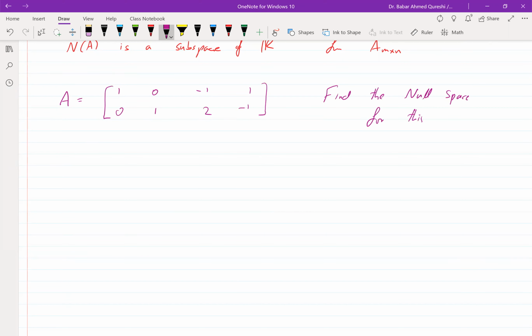First of all, it acts on column vectors, and to solve this equation you have to write this augmented matrix.